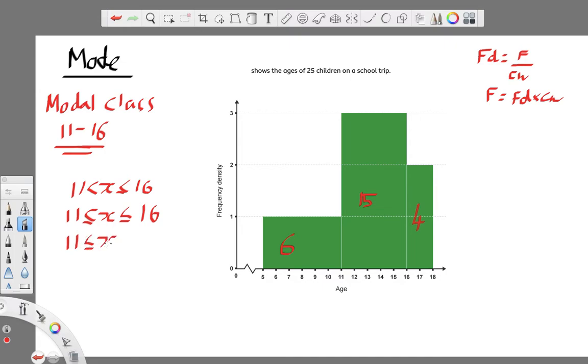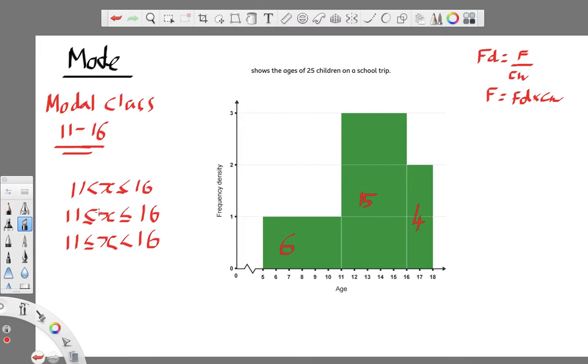So just be very wary if you do an exam or a past paper question that you pick the right number. Obviously here we don't have a table, so we don't know what the data was originally, but it will be something that looks like one of these three. But just ensure that you pick the right one. Make sure that you've got the correct symbol.